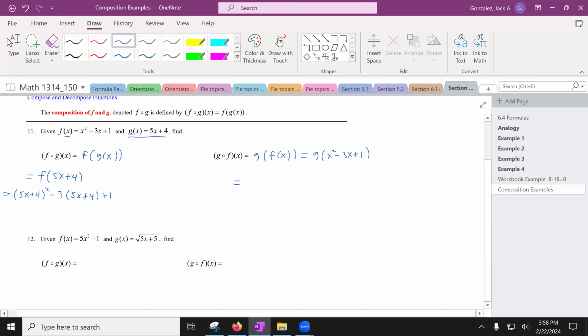G is multiplied by 5 and add 4. That's what the G does. So multiply by 5 on the inputs, add 4. But then you just do your output, just like this.